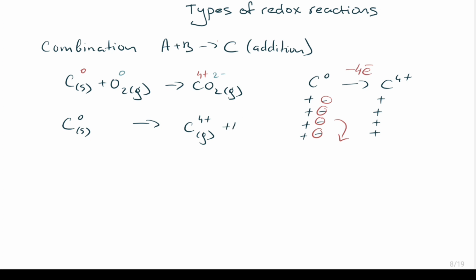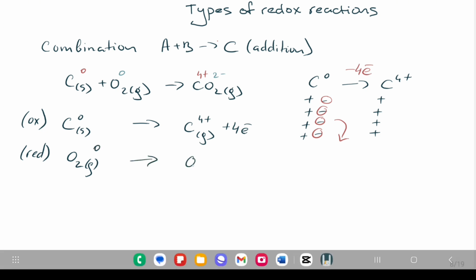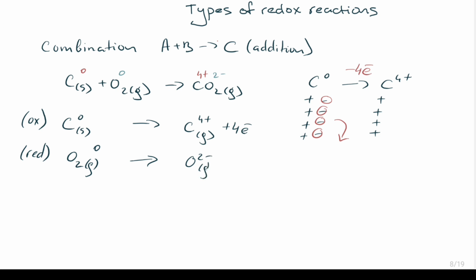So this is the oxidation process, plus 4 electrons on the right side. The other process should be the reduction process. So oxygen 0 will become a negatively charged ion. Again, you can check it. So let's write oxygen 0 will become oxygen 2 minus.